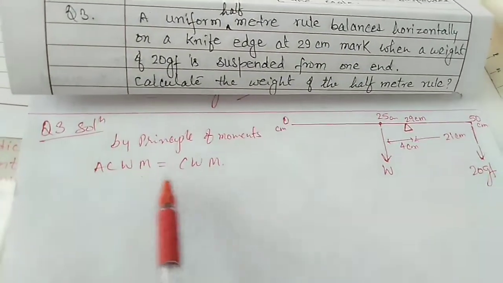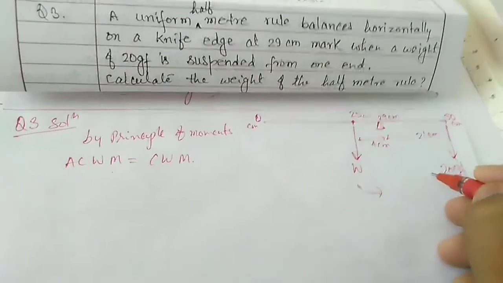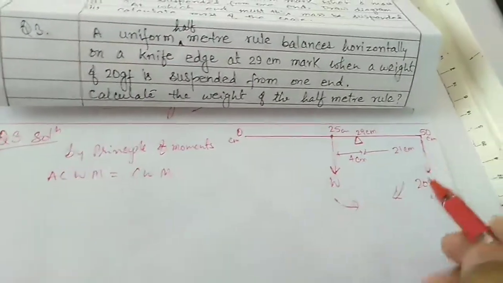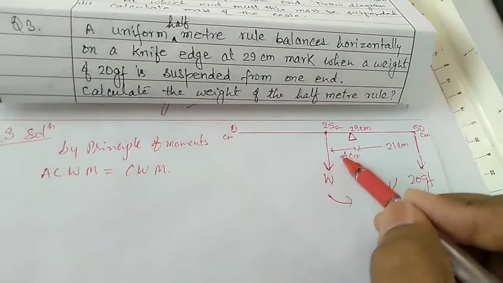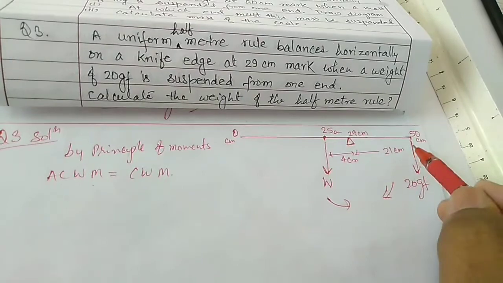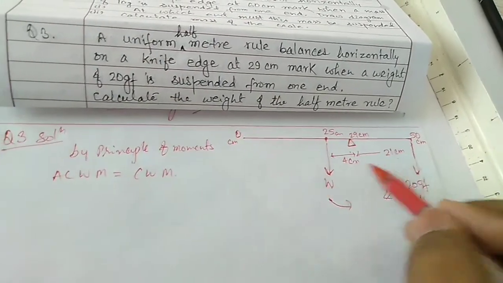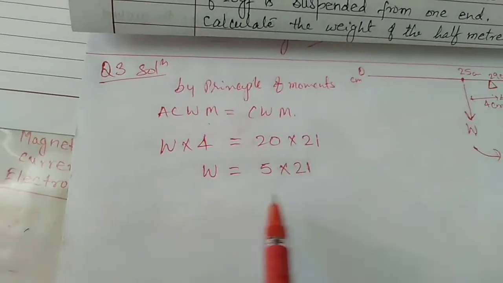By the principle of moments again, anti-clockwise movement is equal to clockwise movement. This is in anti-clockwise movement and this is in clockwise movement. Anti-clockwise movement first: W into 4, because 25 to 29 is 4. And this 20, from 50 to 29, it will be 21. Let's fill that in.